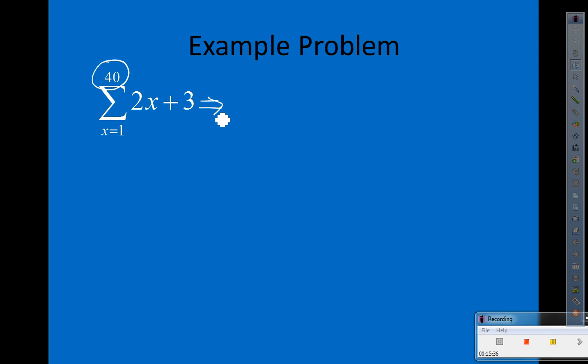I'm going to write it out on my first example, and then I'm going to speed the process up after this one. But here's what my formula says. It says S sub n equals n over 2 times a sub 1 plus a sub n. That's what my formula says. Here's what it's going to look like using our numbers.